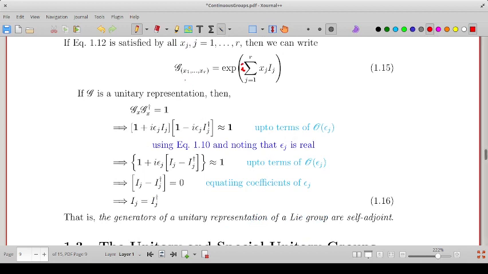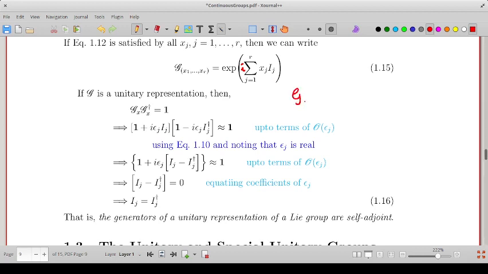Now, if g is a unitary representation, then we can show that the generators are self-adjoint. Okay. So to see this, we consider an infinitesimal transformation.